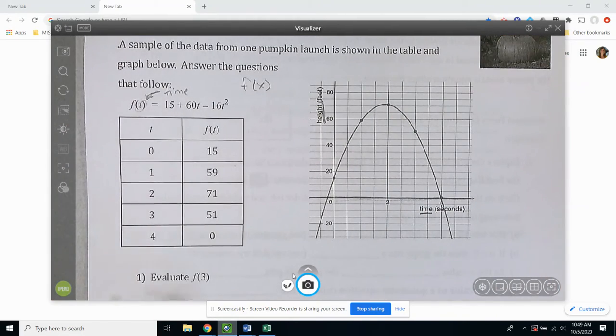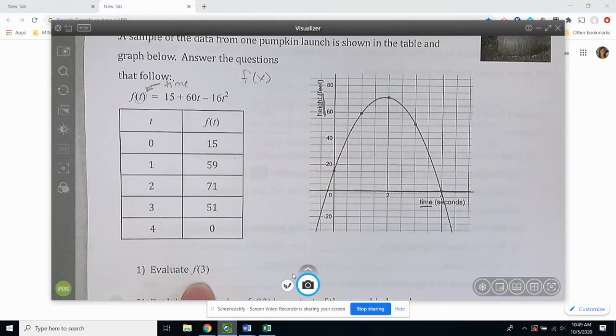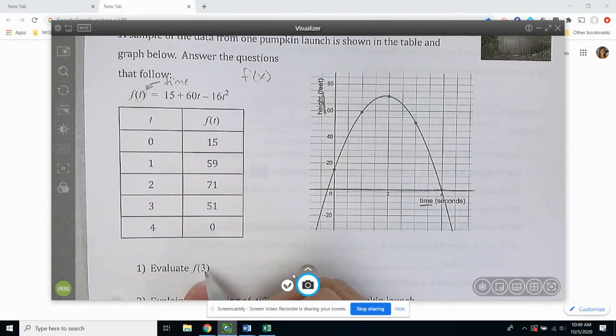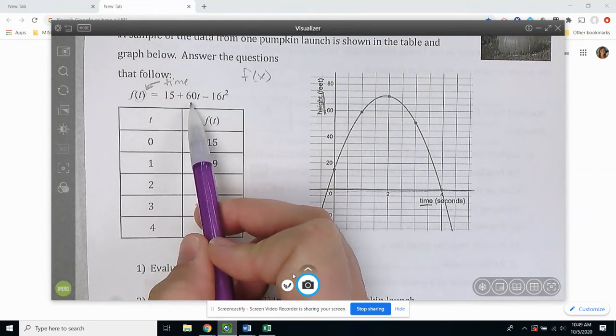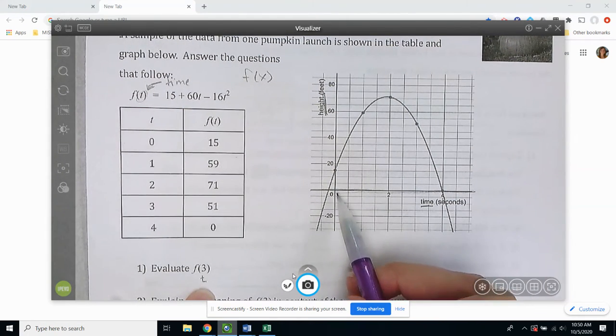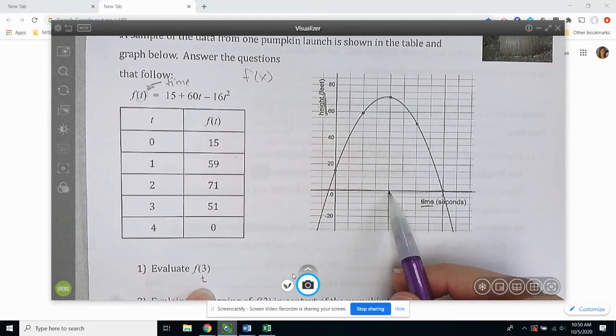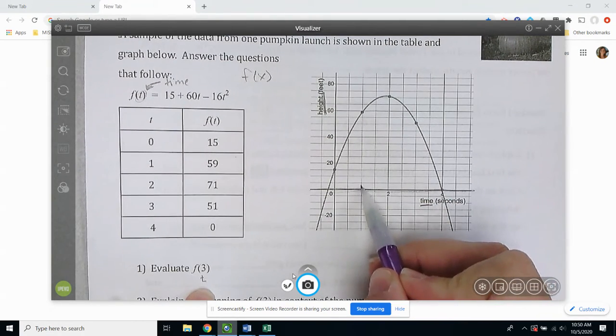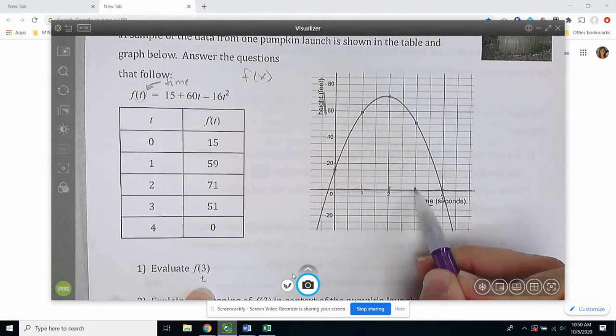Okay, so question 1 says evaluate f of 3. So remember, this is usually an x value, but we're not talking about x's right now. We're talking about t's. So this is a t value. So it's saying when your time is at 3 seconds, how high is your pumpkin? So you go over, that's 1 second, 2 seconds, 3 seconds.